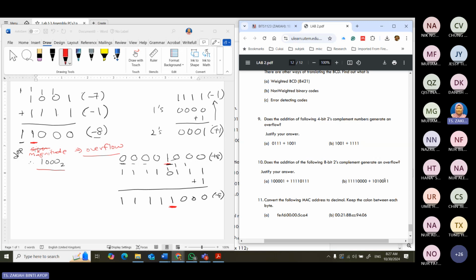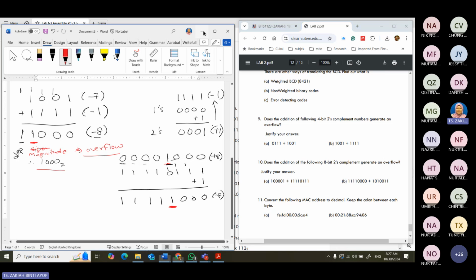Okay, and then as for this one, 1010011, and then plus 11110000. So add it together, and then look at it if it's generating an overflow or not. The key is whether the sign becomes a magnitude or not, then that's your answer. So that is for questions 9 and 10.